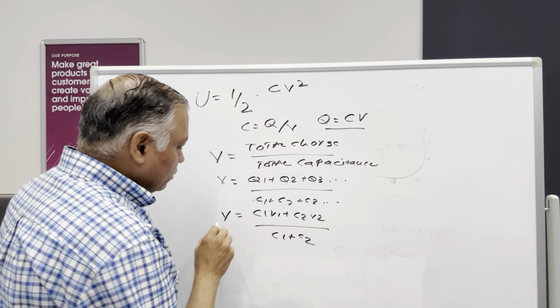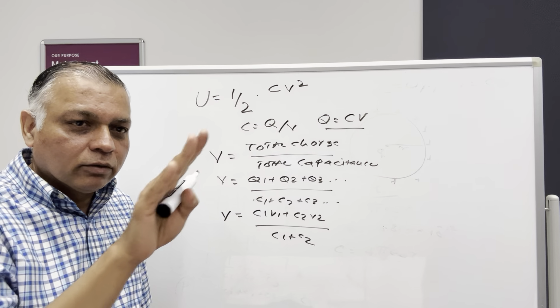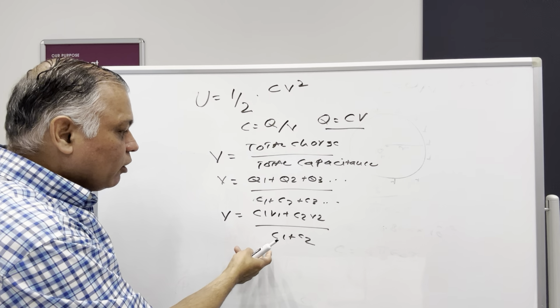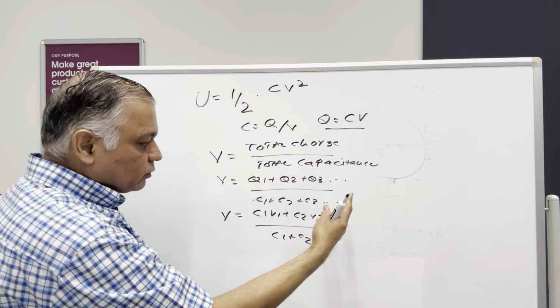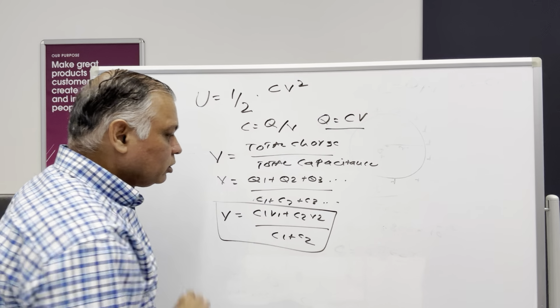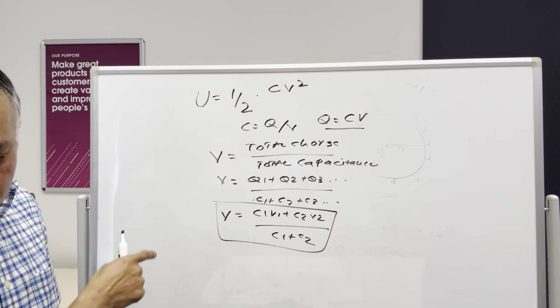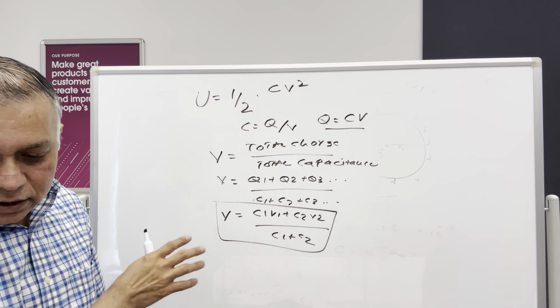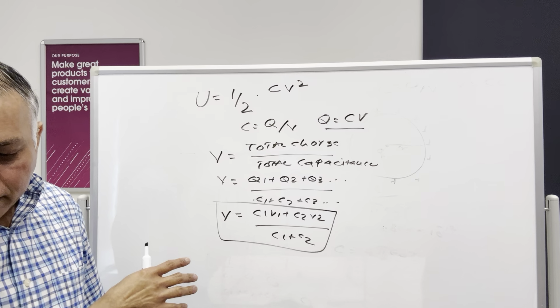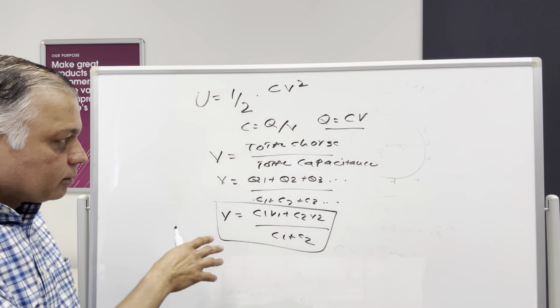So if we are asked to calculate the voltage when two capacitors are connected, then this is the formula: C1V1 plus C2V2 divided by C1 plus C2. So one more formula to remember, but this is for examples that have common potential or resultant potential.